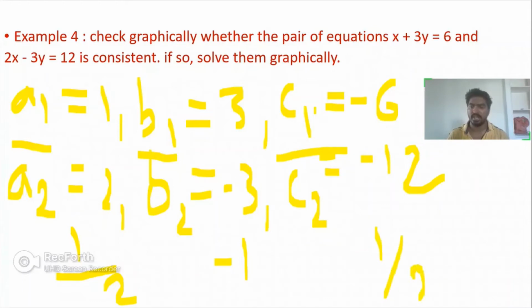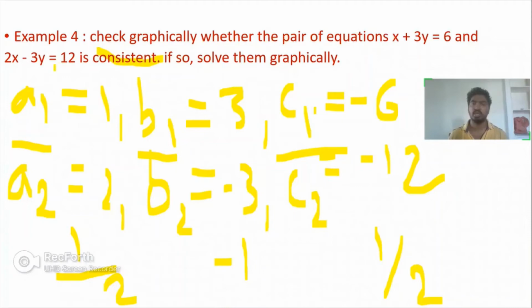So here we can clearly see that a1 by a2 is not equal to b1 by b2, but a1 by a2 is equal to c1 by c2. Since a1 by a2 is not equal to b1 by b2, we can clearly say that the given equations are consistent and the graphs representing these two equations intersect at a point. So the given pair of equations is consistent.